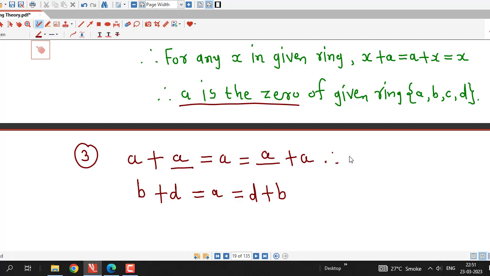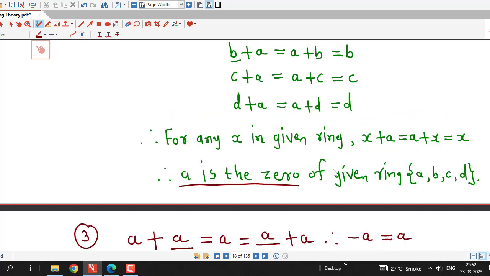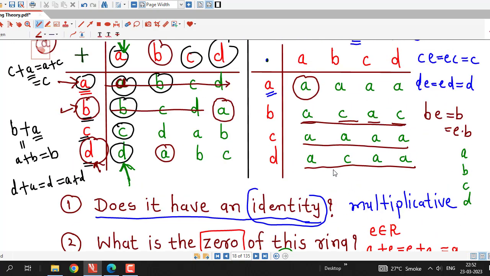So therefore additive inverse of A is A itself, and additive inverse is denoted by minus A. So additive inverse of A is A itself, additive inverse of B is D, and additive inverse of D is B. And we can check for C also.